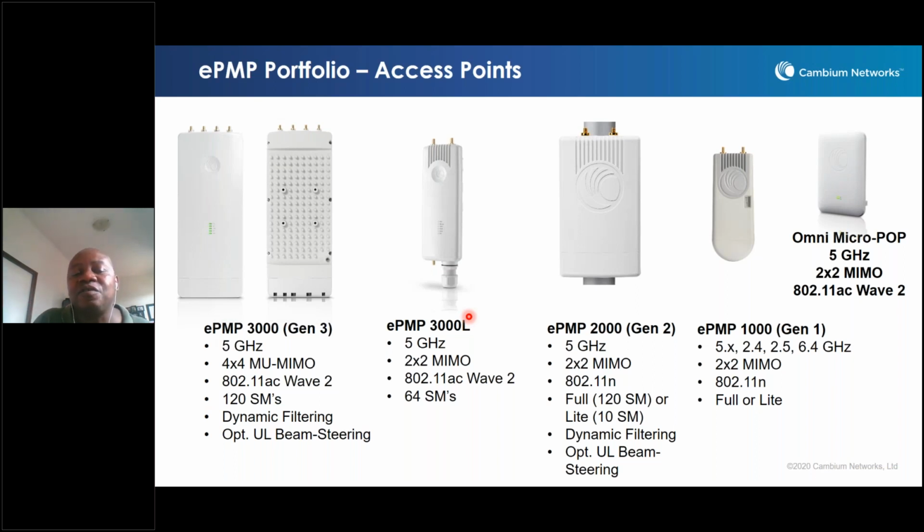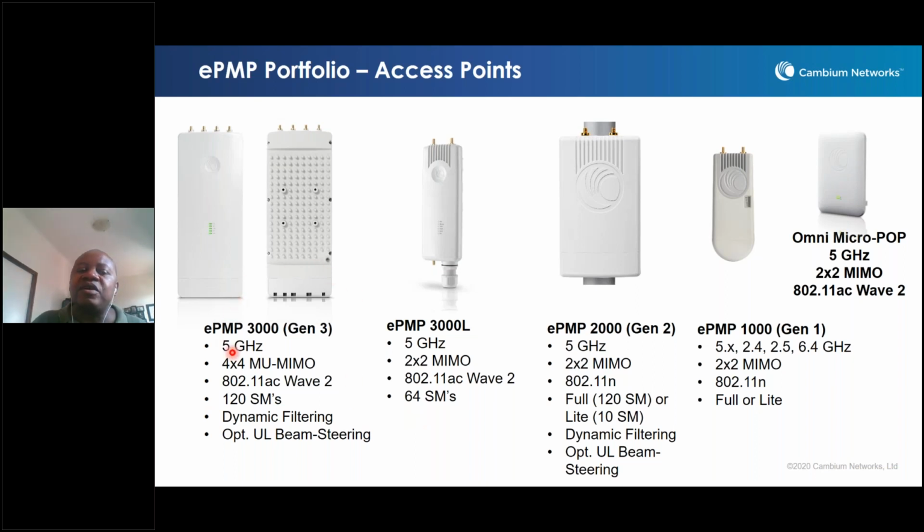Because of that, the L does not have a dynamic filter on it, neither does it get installed with a beamforming antenna. It's also just a 2x2 MIMO, and it's limited to 64 and not 120 SMs. So, an inexpensive way to tap that capacity in the outlying areas.